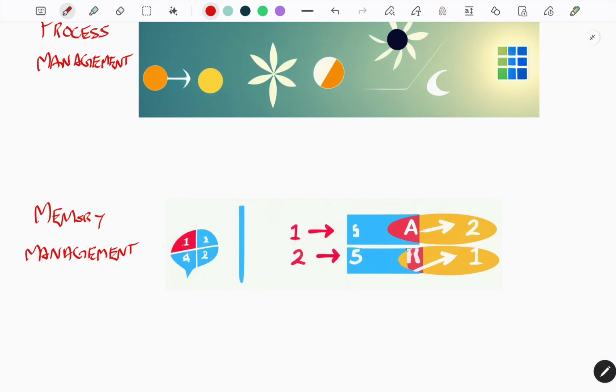And also at the same time, memory management in this area is to ensure that the memory is protected. So let's say for program A, you use memory 1, and then program B, you use a little chunk from memory 2.